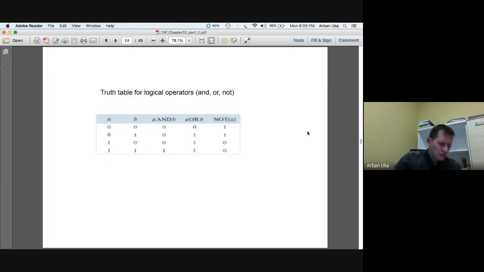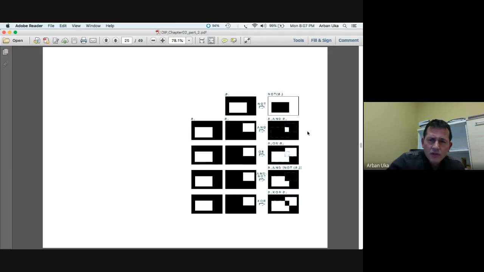Now, this is just a truth table of the AND and OR operations, which we know, but the implementation of these AND and OR operators can be shown here. So, for example, if we have B1, which is a white object on a black background, the NOT operator is just going to be the negative of this one.